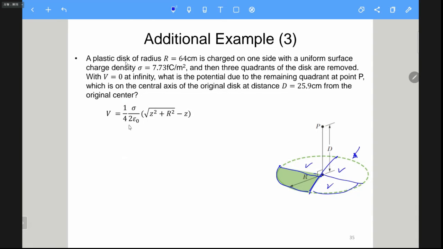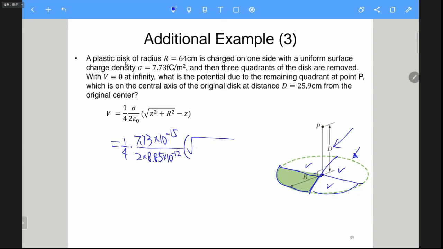So it is nothing special. We just need to substitute the numbers here. So sigma is 7.73 times 10 to minus 15 over 2 times 8.85 times 10 to minus 12, and then multiply by the square root of z. What is z? Z here is actually d in this problem.